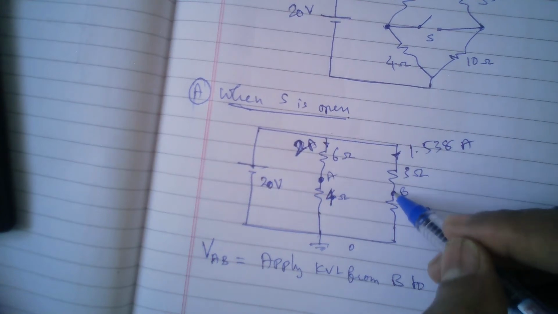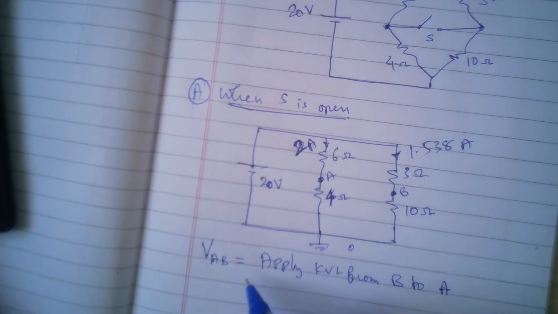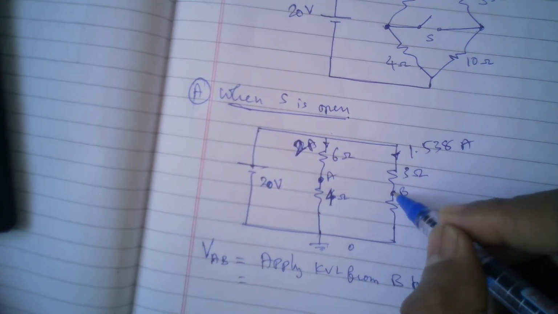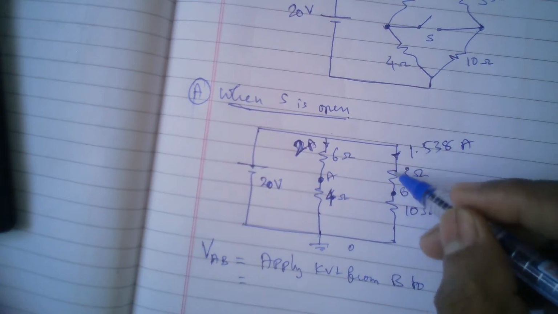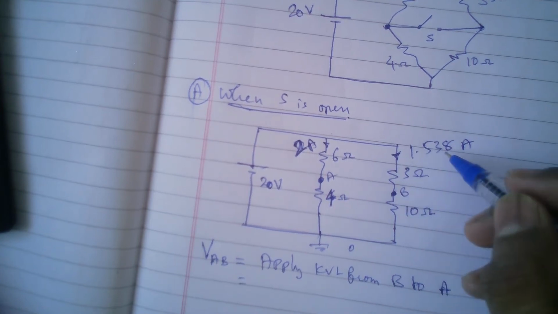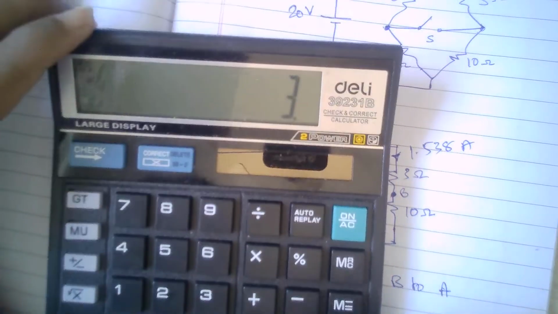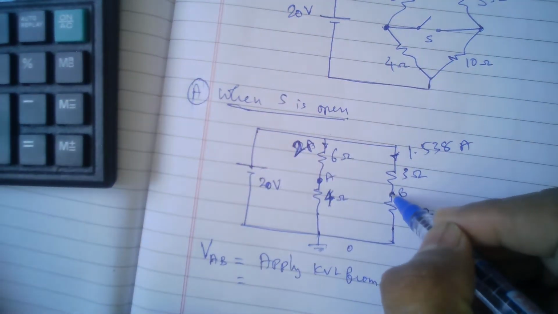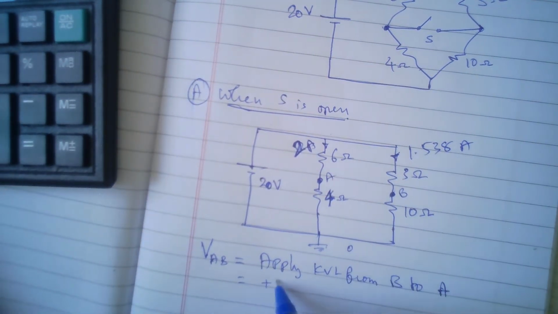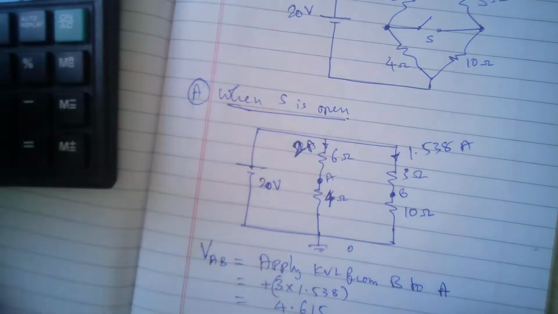So from B I'll go like this, and at this point if I go up, that means I'm going against the current, so I'm gaining potential. So it is plus 3 into 1.538, which is 4.615.